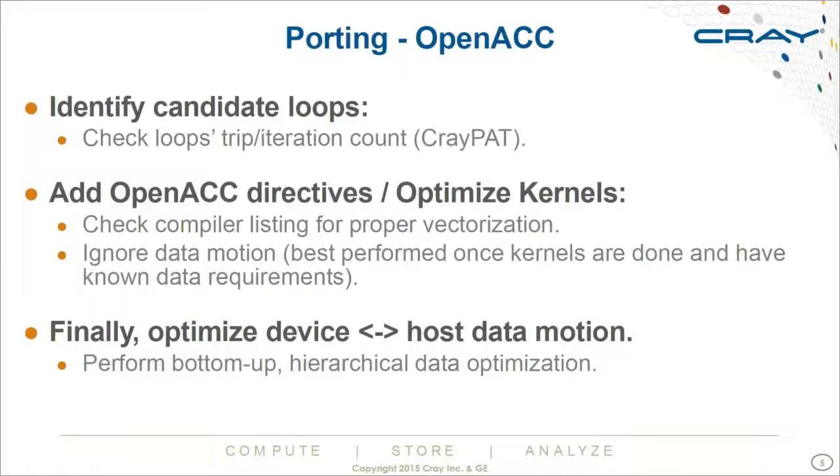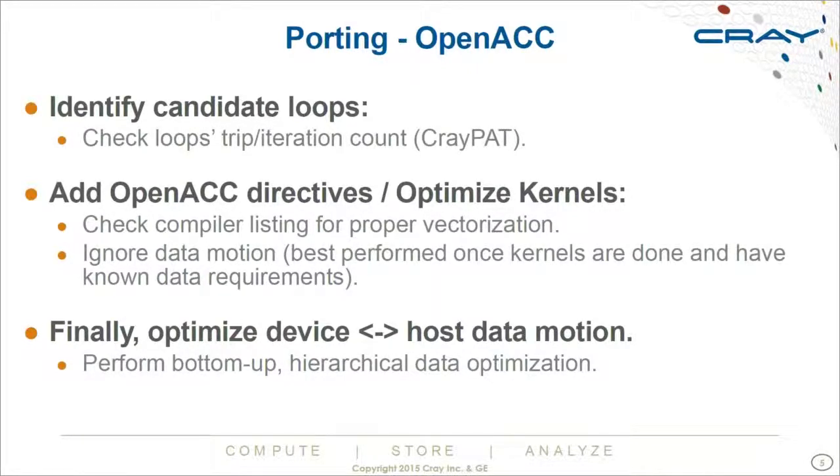Especially because as you're working with this code and doing the iterative development cycle, this can speed up your development if you're not waiting on the data motion. So, it's something that you can do if it's easy as you go. However, if you don't really know what kernels are going to perform well, you don't really know what kernels you're going to use, it's hard to perform a good data motion optimization.